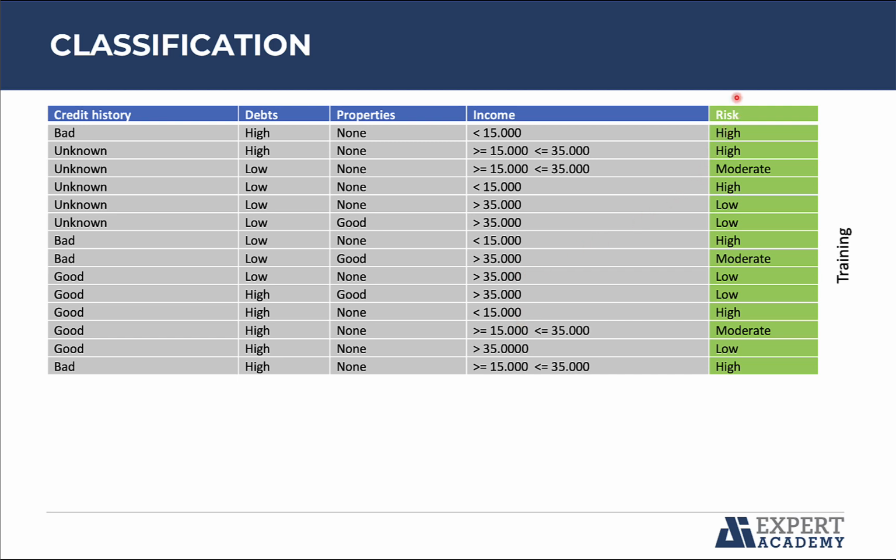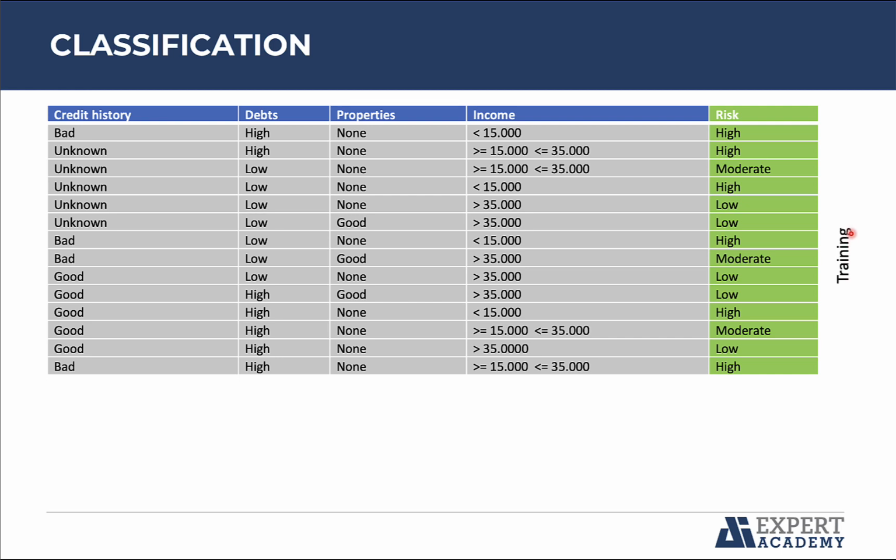And finally, we can take a look at the last column, which is the risk to give a loan to a customer. The possible values are high, moderate, and low. It is important to emphasize again that this is a historical dataset, and the bank needs this data in order to train the algorithm.